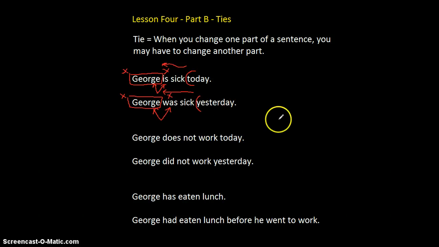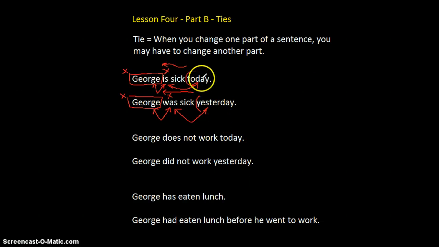Now, is there another tie in this sentence? I think we'll quickly say yes, there is. It looks like is ties with today, and was ties with yesterday. And this shows me we have a tie.